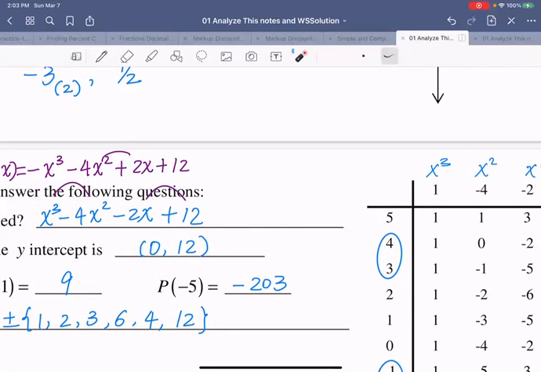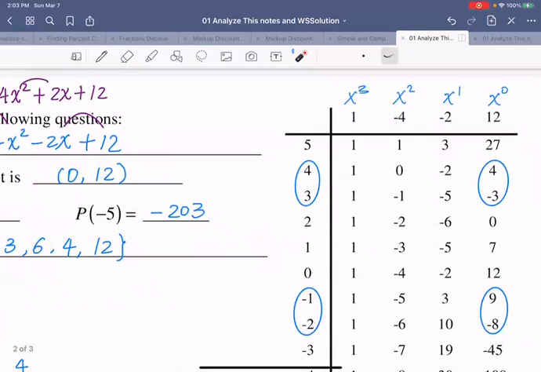Please, if you write down just 12, the teacher will give you no point because 12 doesn't mean anything. The y-intercept is a point, so you have to give me this format, (0, 12), okay? And you can also get the answer immediately from here. Correct? Okay, this is your y-intercept.